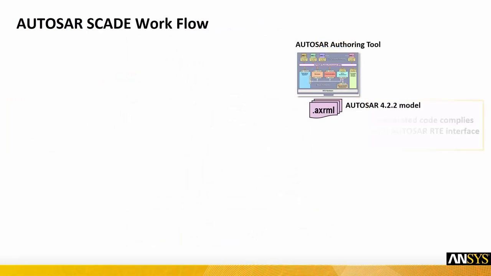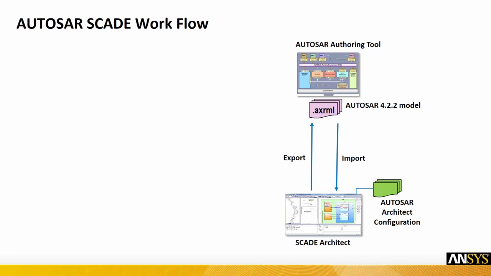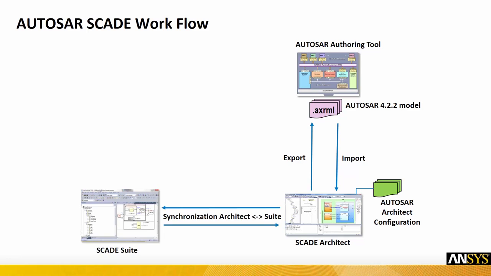The flow with SCADE is as follows. It starts with the AUTOSAR application description for the software components to be implemented. The AUTOSAR model is imported into SCADE Architect, in which additional information related to the implementation can be added. Runnables are parts of the model that will be the running software. They are synchronized with SCADE Suite.